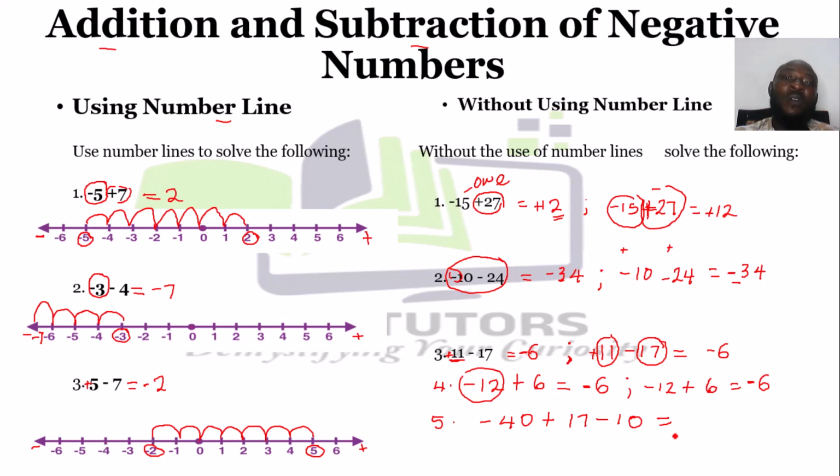Now, one way to differentiate positive numbers from negative numbers is the use of number lines. We have real life situation examples where you can see negative numbers at play. Number 1 is temperature. Number 2 is altitude, while number 3 is money on your bank account.